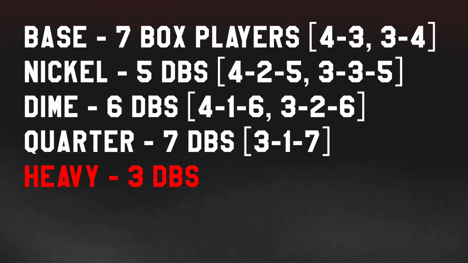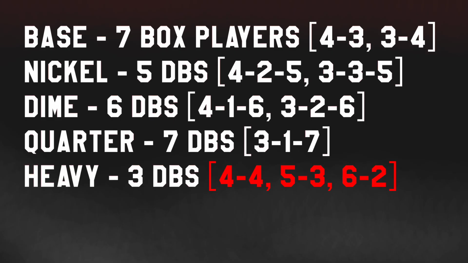So versions of this could include the 4-4, the 5-3, or the 6-2, or even the 46 defense, which has just 3 defensive backs, truly. And these defenses do excel at making sure that the box is contained at the cost of fast guys in coverage.